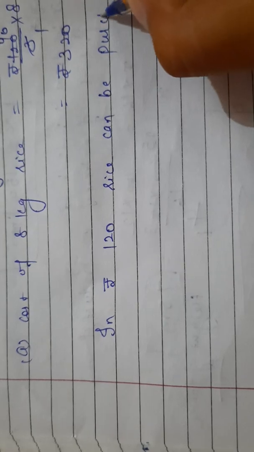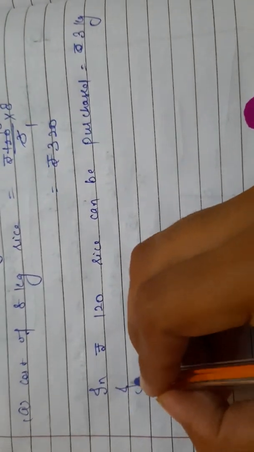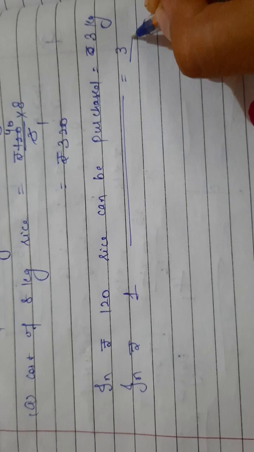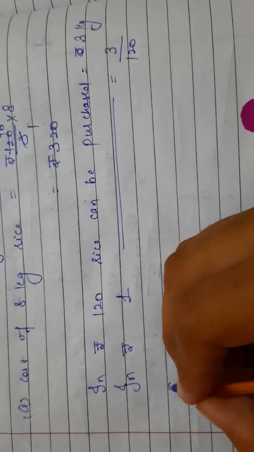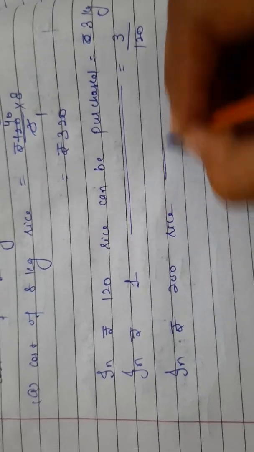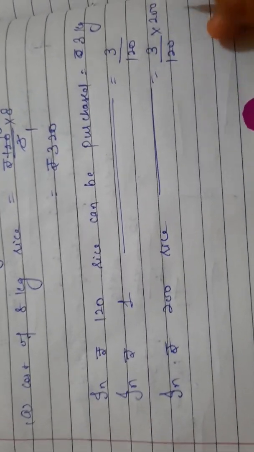For rupees 1, 3 by 120 of rice can be purchased. But they ask how much can be purchased for rupees 200: 3 by 120 into 200.